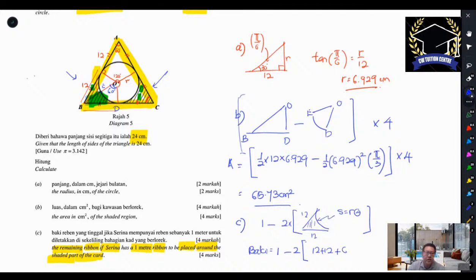Where is my radius? 6.929. And the angle, what is the angle here? 60 degrees? No, it's not 60, this one. The angle is 120, and 120 is 2 over 3 pi.